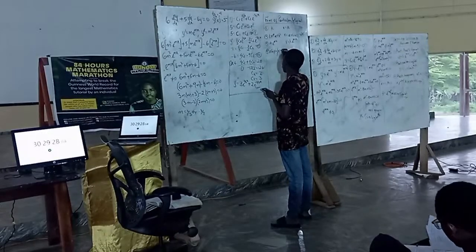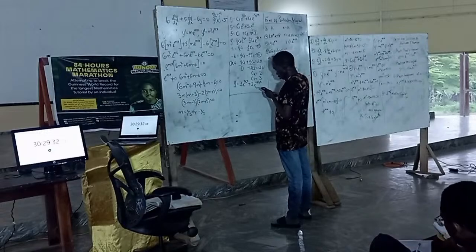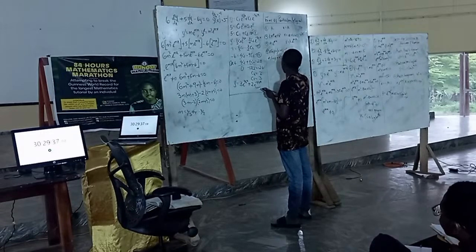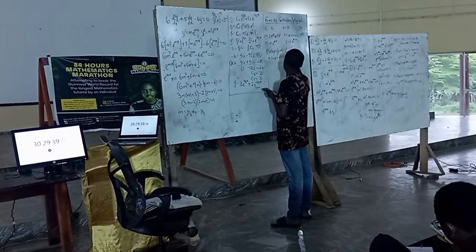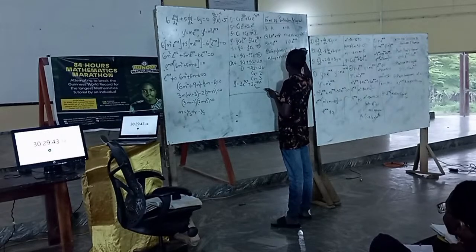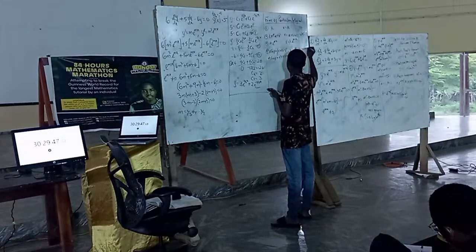And for a cos px plus b sin px, y equals a sin px plus b cos px.